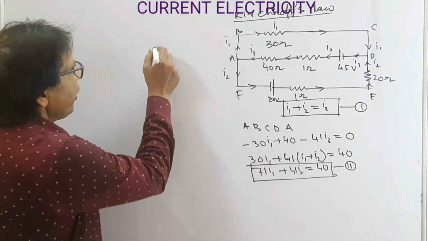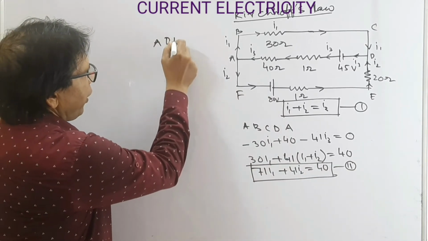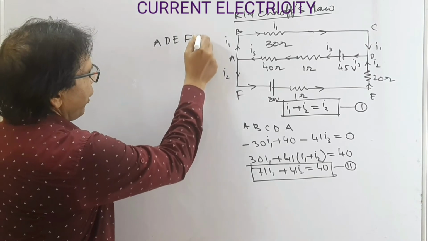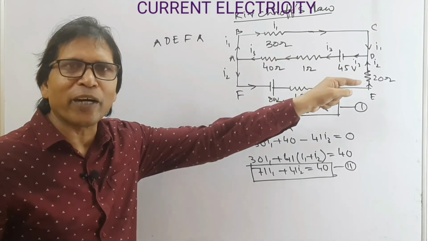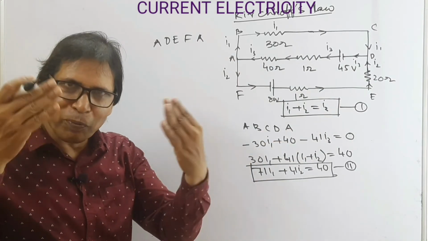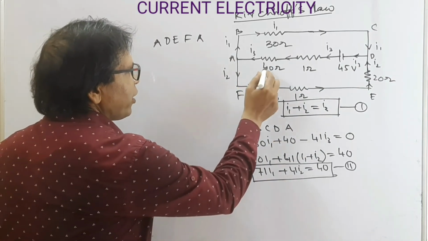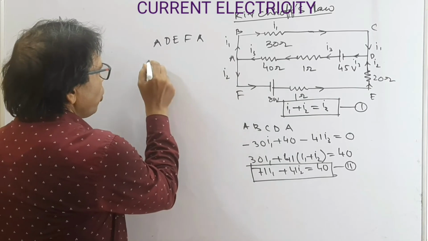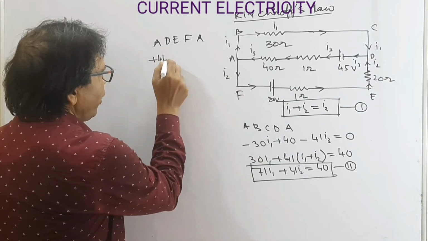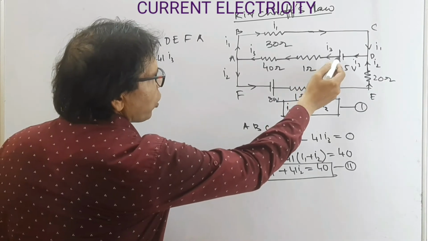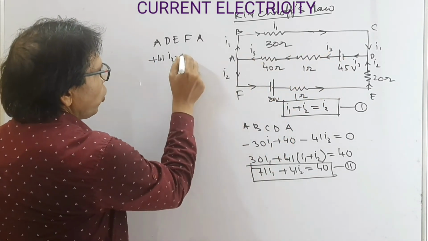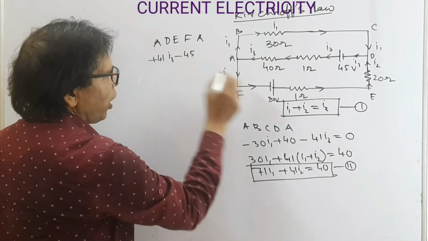Okay, look at this, in the loop A, D, E, F, A. A to D is opposite to the direction of current, so IR is positive. So this is 40 plus 1, so plus 41 into I3, and now this is positive to negative potential, so this is minus 45.